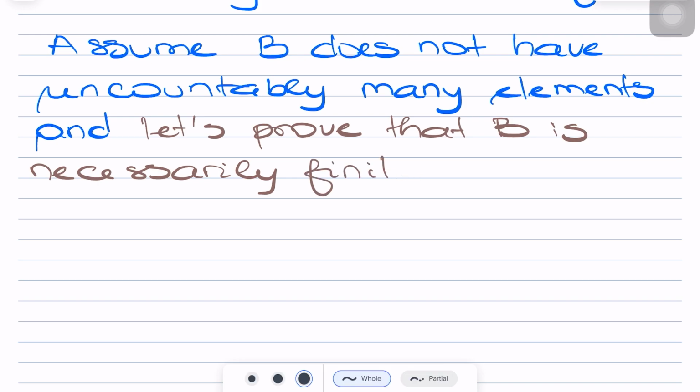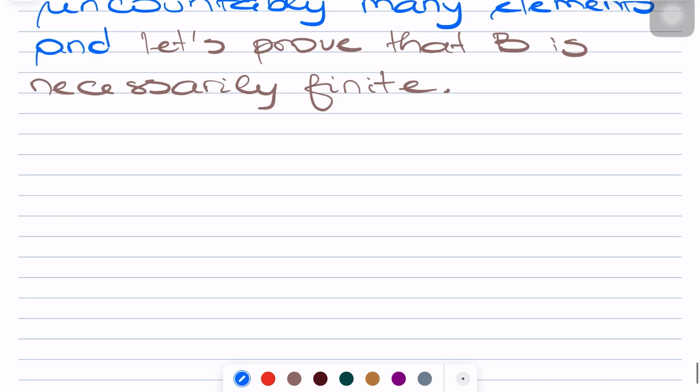So, aiming at a contradiction. Well, not really a contradiction, actually thinking of how to put it.